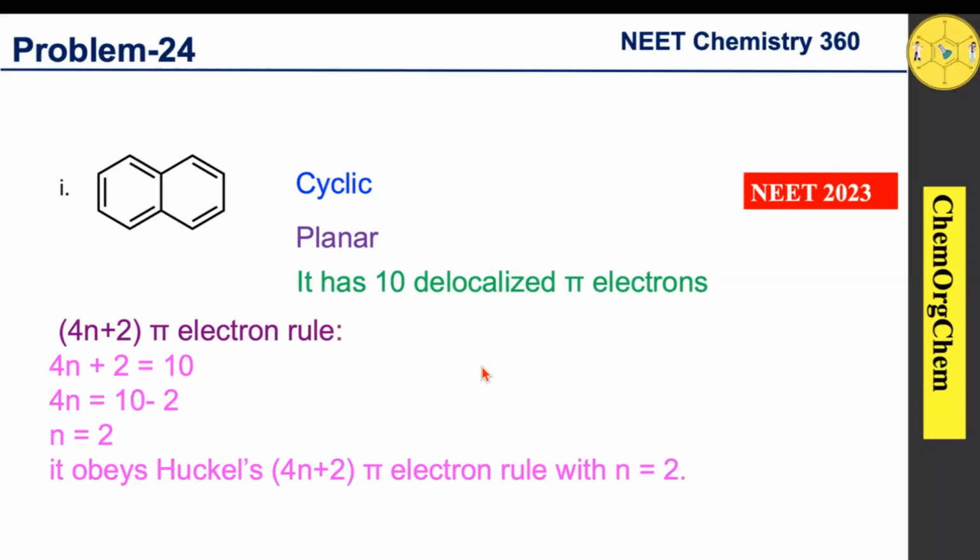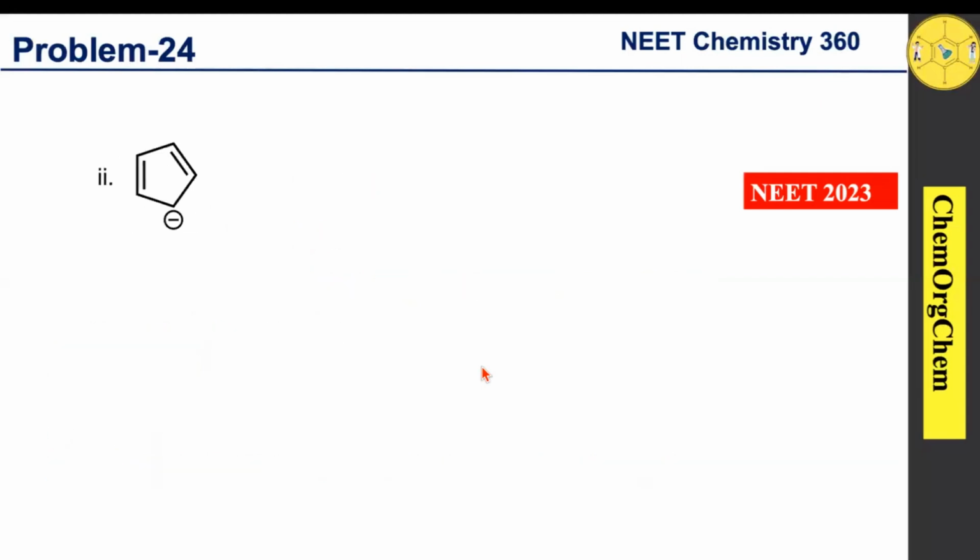Moving to our second compound, which is the cyclopentadienyl anion. This is a cyclic compound, and it adopts a planar structure. It has 2 pi bonds, and each pi bond contributes 2 pi electrons, so a total of 4 pi electrons from these 2 double bonds.